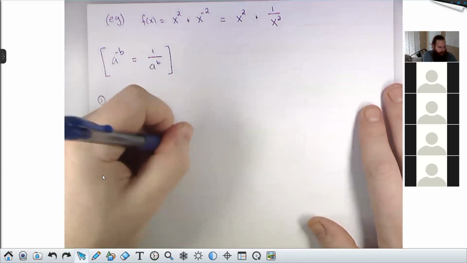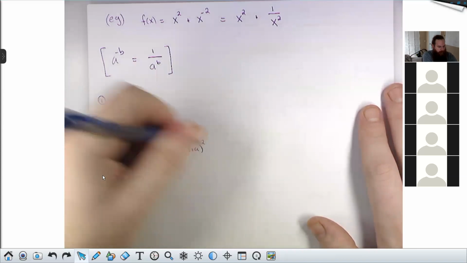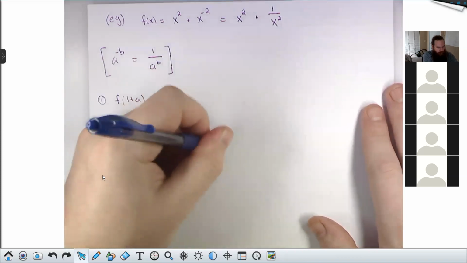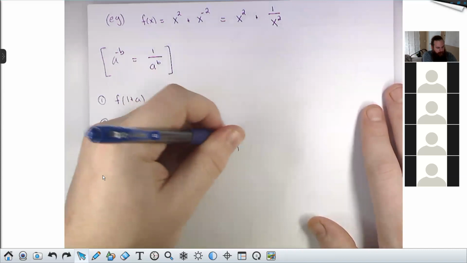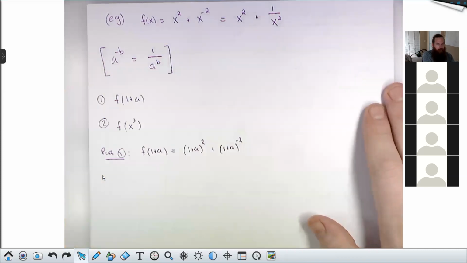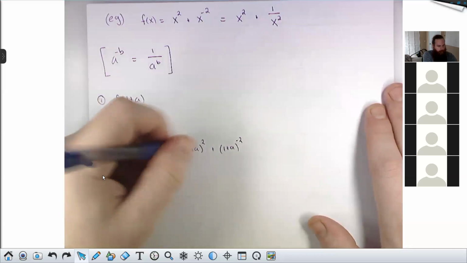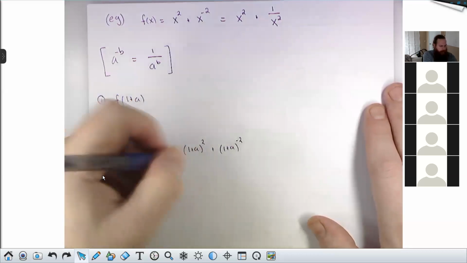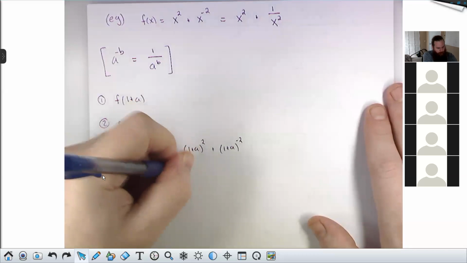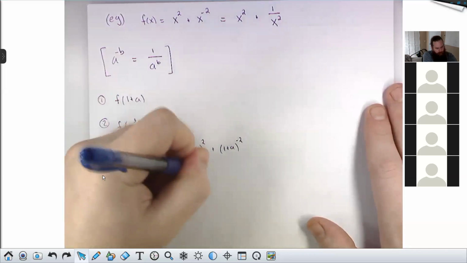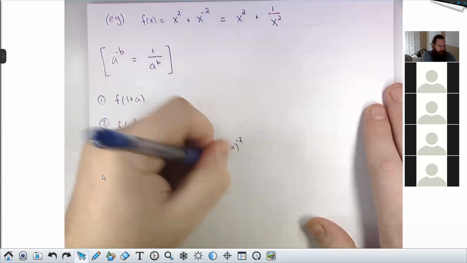So this would be 1 plus a squared plus 1 plus a to the negative 2. The 1 plus a squared, I could FOIL all that out. That's 1 plus a times 1 plus a.